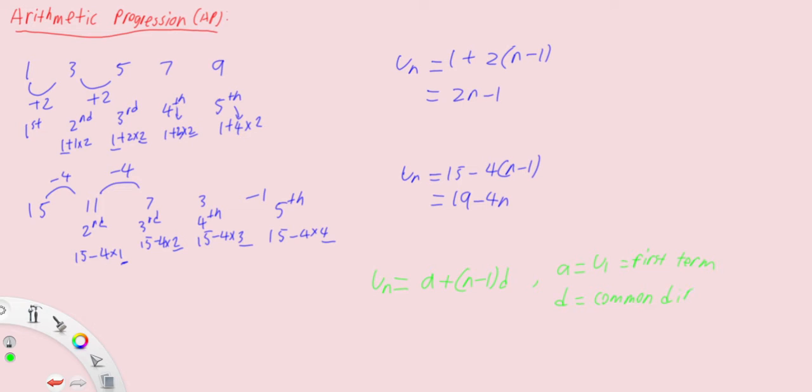So common difference, basically, if you look at the first sequence, is plus 2, so that's the common difference. For second sequence, it would be minus 4, all right? So in summary, in general, the formula to find a specific term is un equals a plus n minus 1 d.